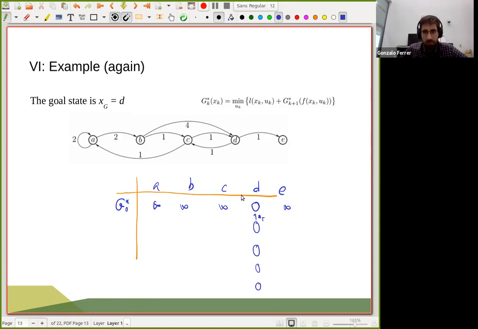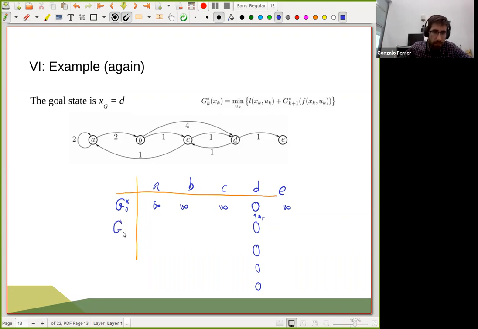I didn't formalize the cost of edges, but we assume that there's nothing negative. Otherwise, we would have infinite cycles inside this value iteration, and that would not allow it to converge.